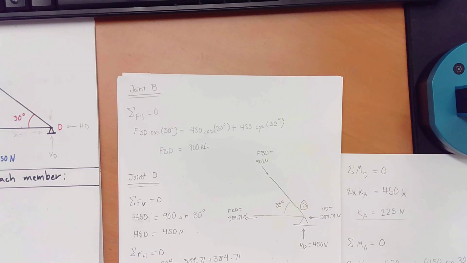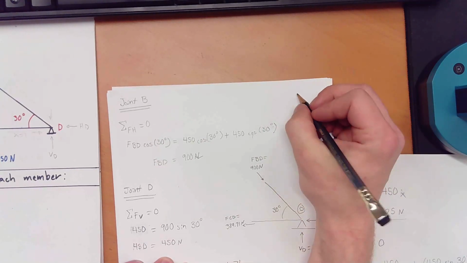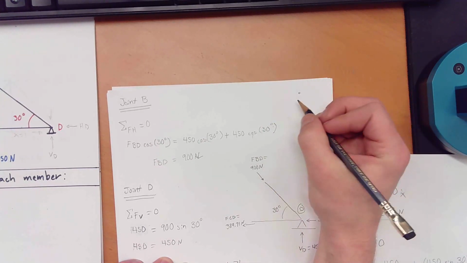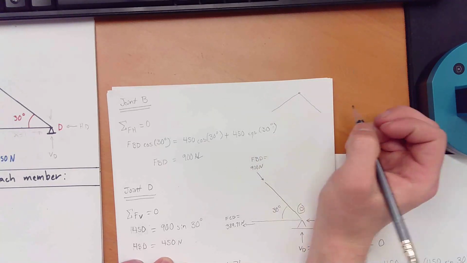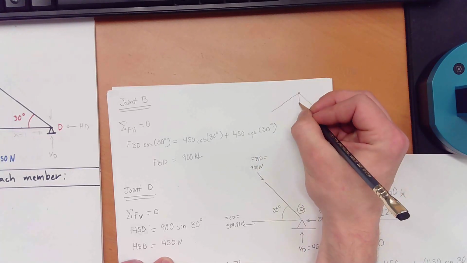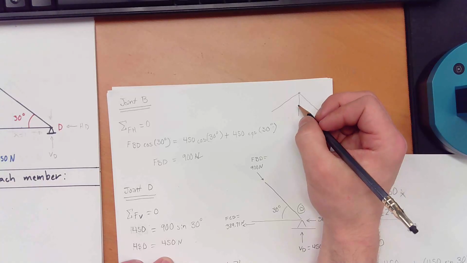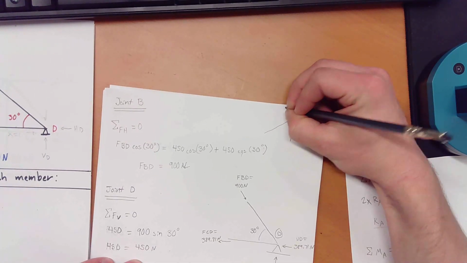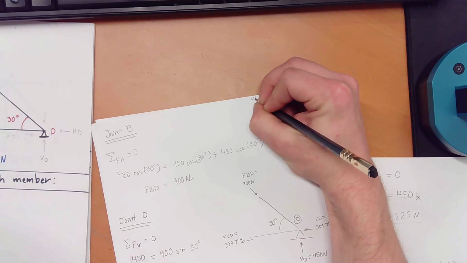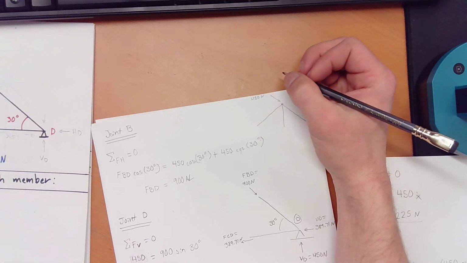This one's a fun one because it's the top. Okay, so we have point B right here, and then we've got coming down, and we've got it coming down in that direction. We have a vector force being applied that way, which is 450 newtons.